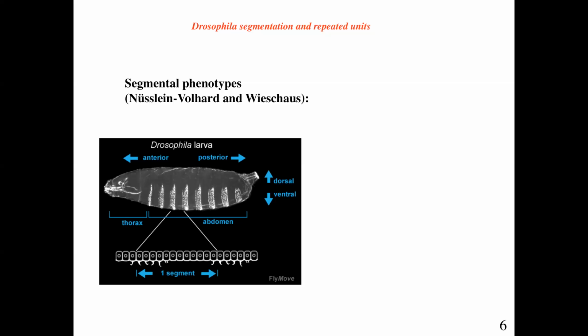So essentially what I was trying to say is that, using these denticle belt patterns, the two people, Nüsslein-Volhard and Eric Wieschaus, set up the screen where they mutagenized flies, mutagenized embryos.